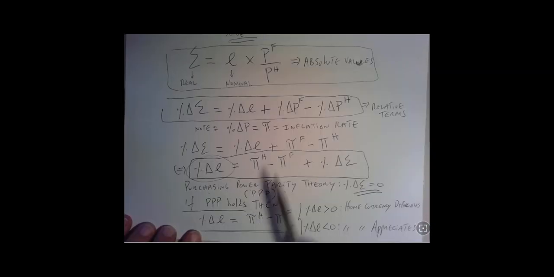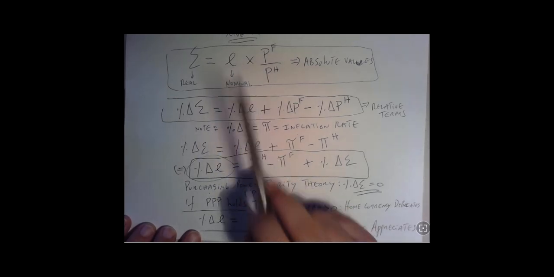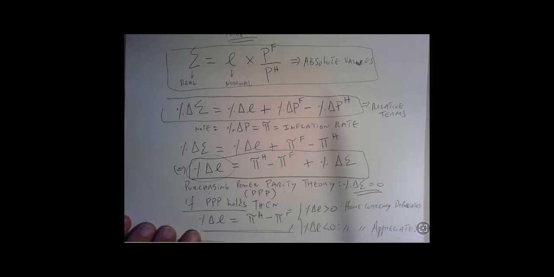This one is a kind of a shortcut, but you still can use the original formula with absolute values to get the same answer. The valuable insight is when looking at it in percentage changes, we can make inferences solely by comparing the inflation rates, particularly if the purchasing power parity theory holds. Because if it doesn't hold, we need to know what's going on with the changes in the real exchange rate as well.